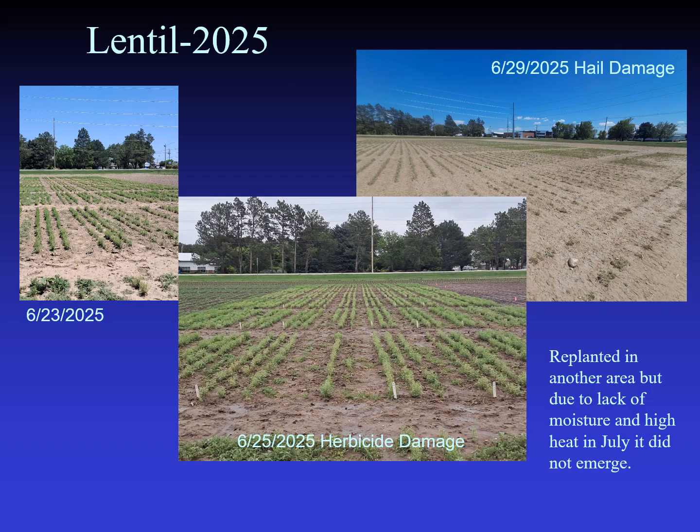It was looking really good, but then 2 days after this picture, something got it with herbicide drift from somebody in the neighborhood. Then here up in the top right, it was also completely hammered by hail. So we did replant in another area due to that.